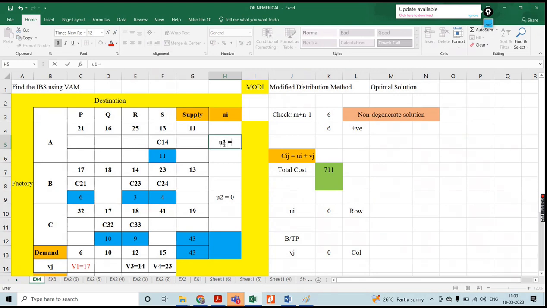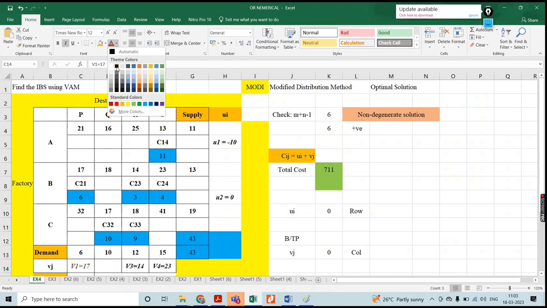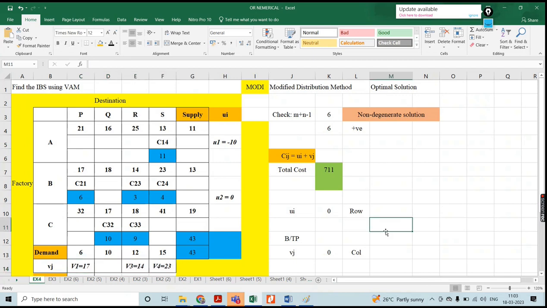U1 equal to how much? Minus 10. Okay, now I got the U1 value.